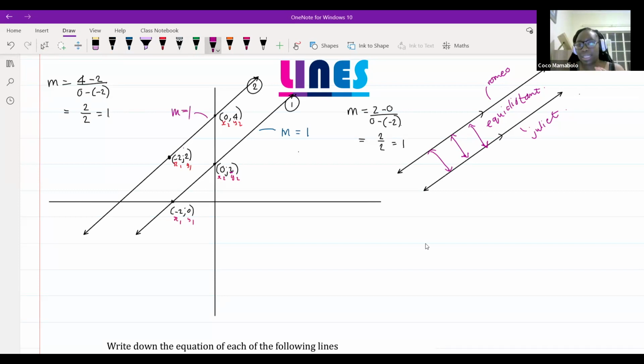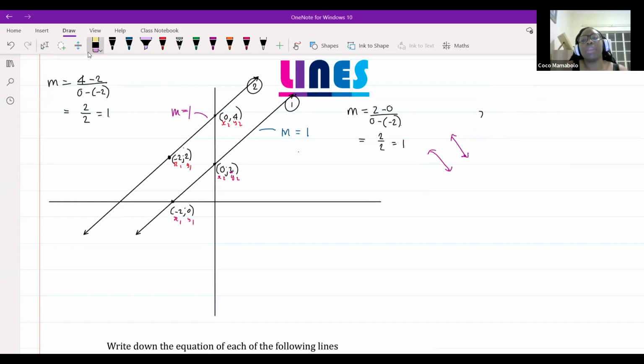So we can see that as long as 2 lines are equidistant, we know that when they are equidistant, they will also be parallel to each other. But if they're parallel to each other, what do we notice about the gradients? If they are parallel lines, the gradients must be equal. Parallel lines tells me that the gradient of line 1 must equal the gradient of line 2.